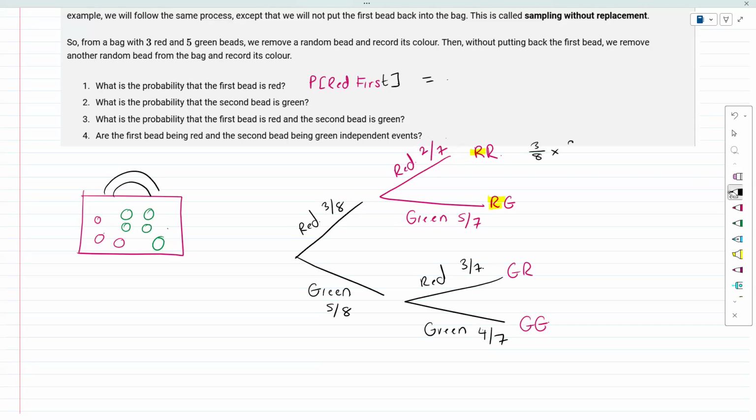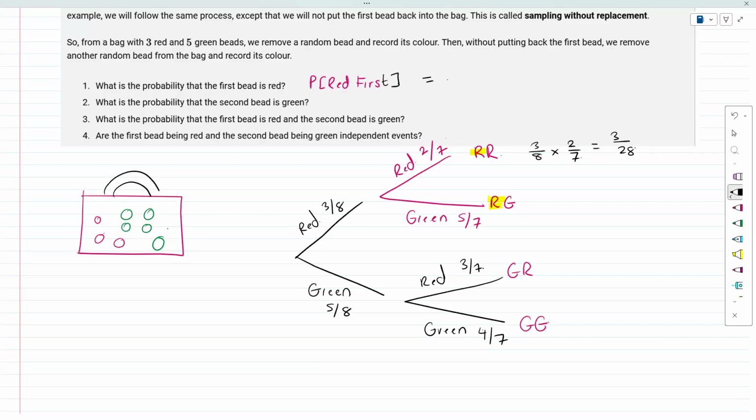Let me sort this out quickly, just to make it easy. 3 out of 8 times 2 out of 7 should be 3 out of 28, if I'm not mistaken.